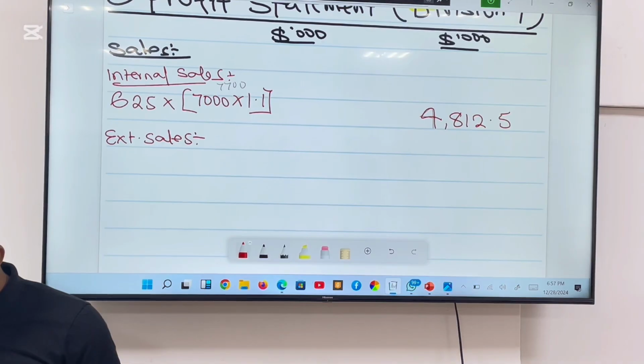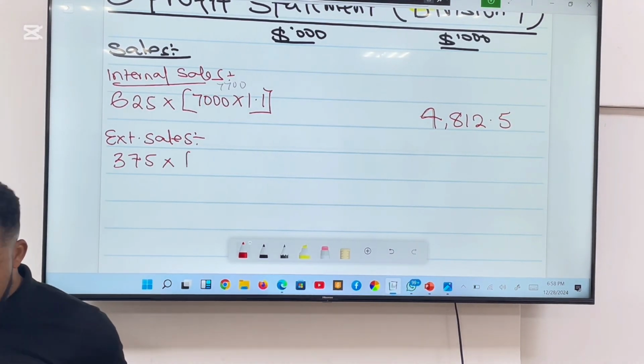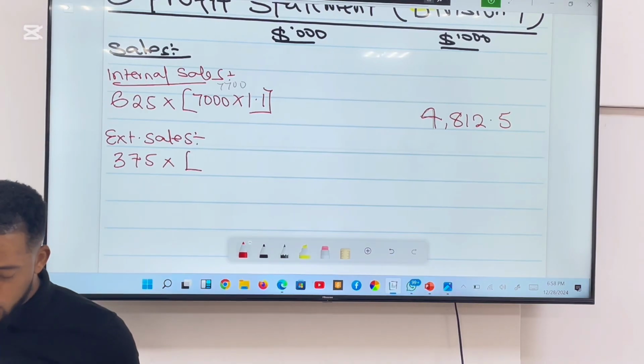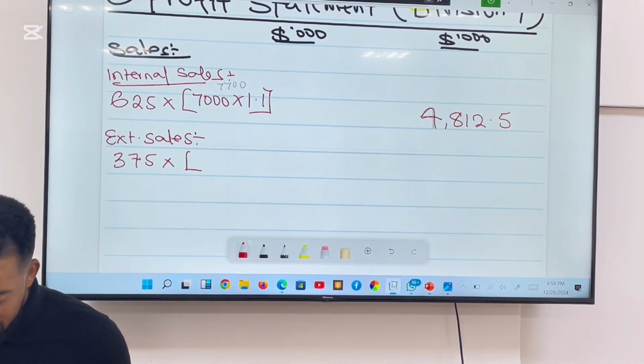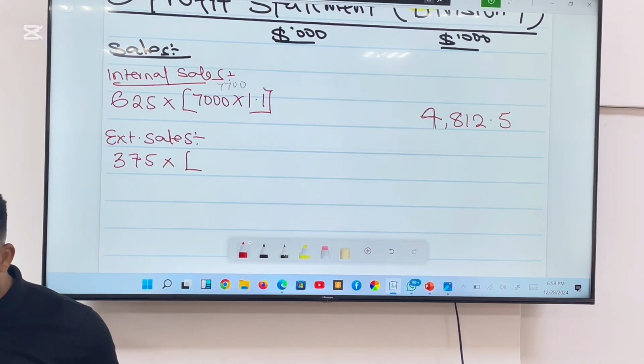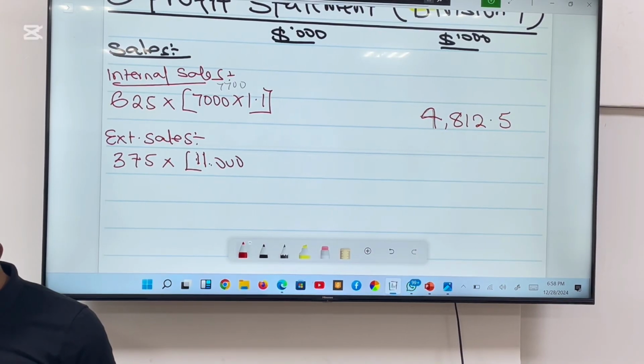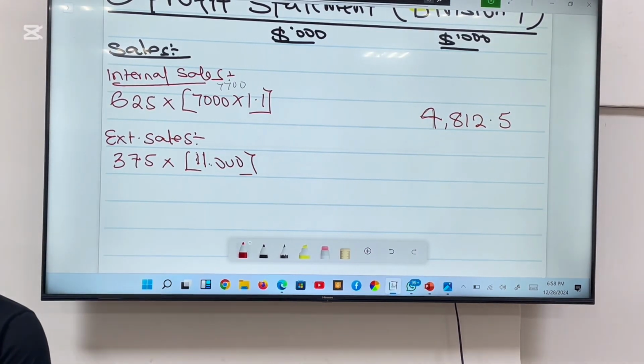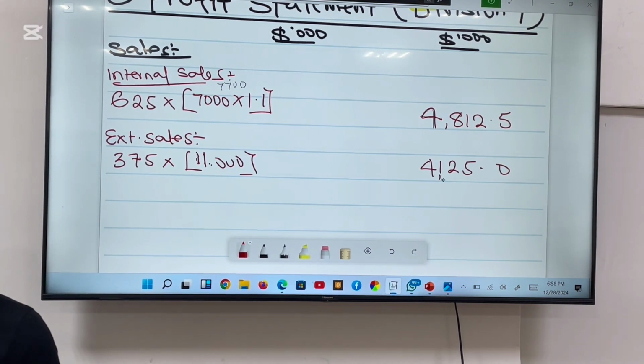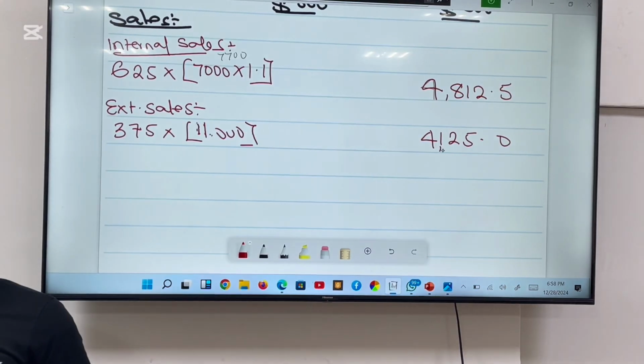So this will be 375 multiplied by the external selling price, which means how much division P is selling to the external market, and that's around 11,000 per ton. So if I multiply 11,000 by 375, I can have my total sales.